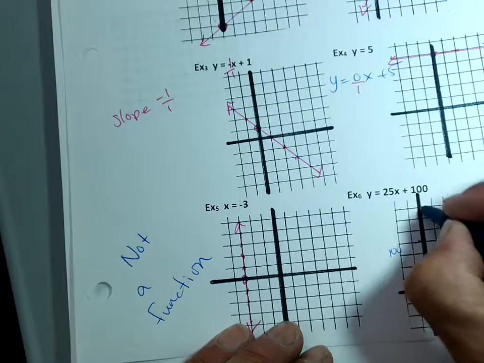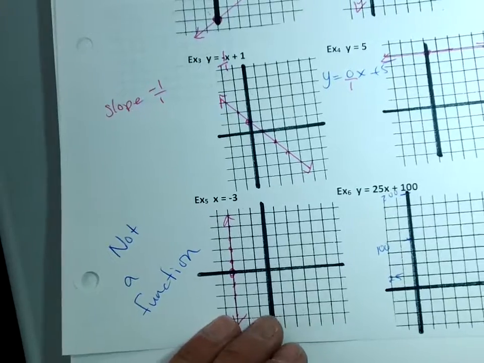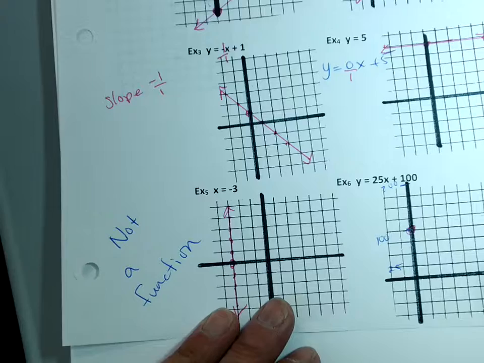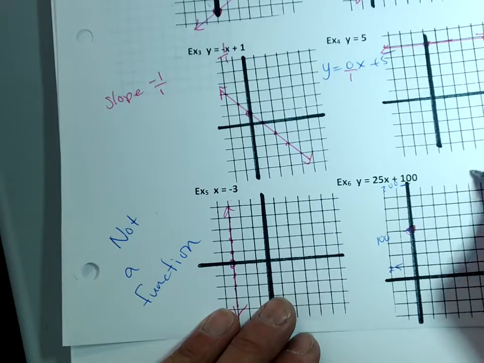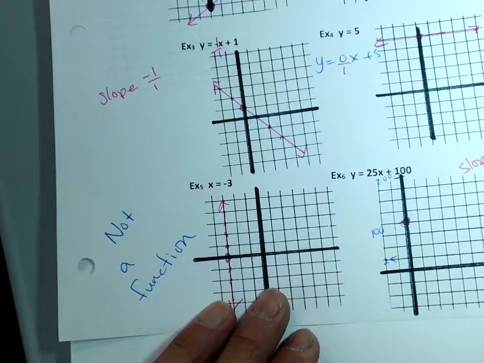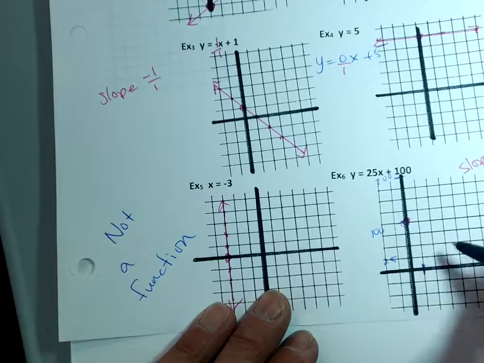And there is 200 up there, okay? So my y-intercept is 100. 1, 2, 3, there's 100, right? What's my slope? 25. So if I go up 1 over 1, then my scales here are going to have to be by ones.